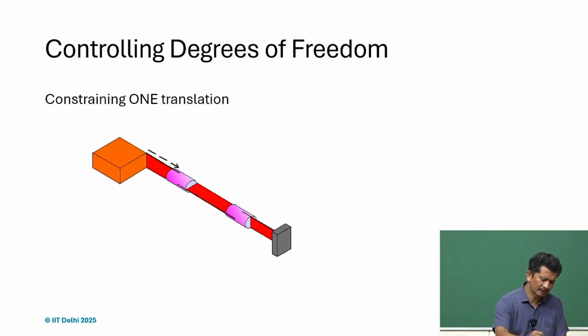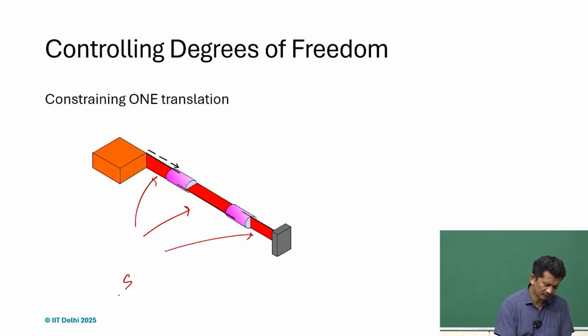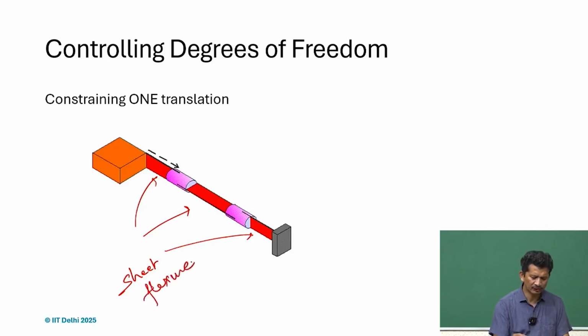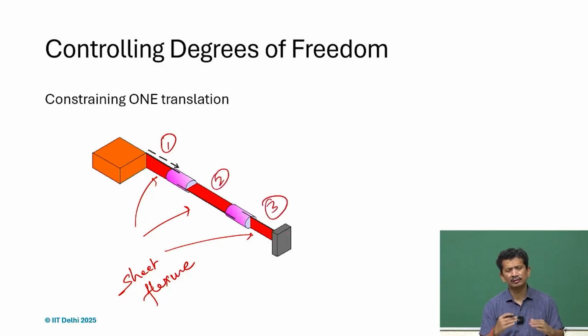Another way is using different sheet flexures, aligned so that the intersection of the different planes, you can see 1, 2 and 3, gives the constraint line.